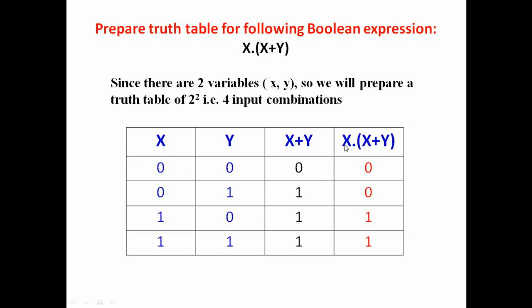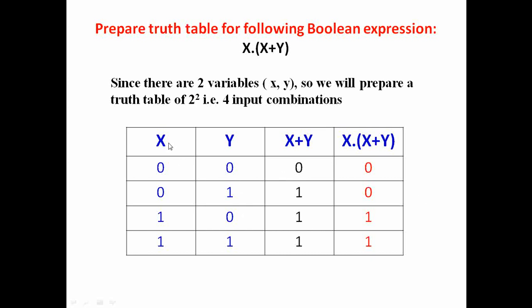Now we will multiply, we will find this whole term x·(x + y). So x is this column and x + y is this column. So we will multiply this and this. Since the dot sign is there, right? Dot means AND, and in case of AND, if any of the inputs is low, we get a low output in the result.